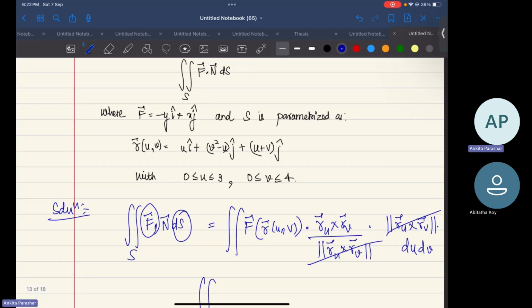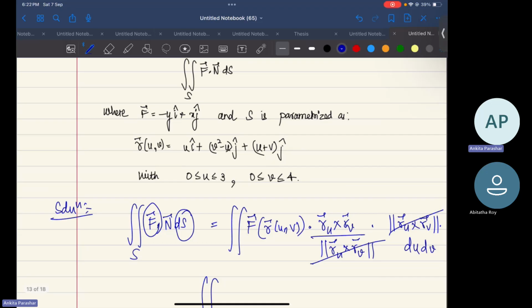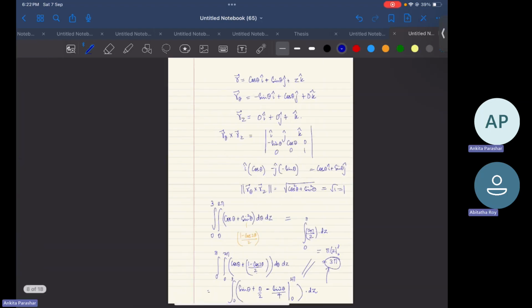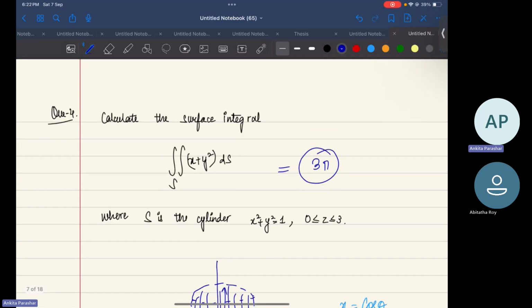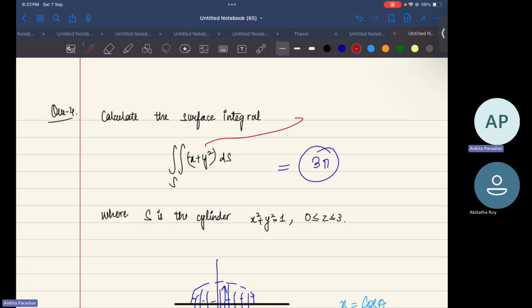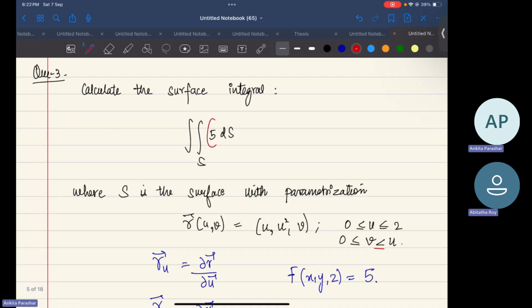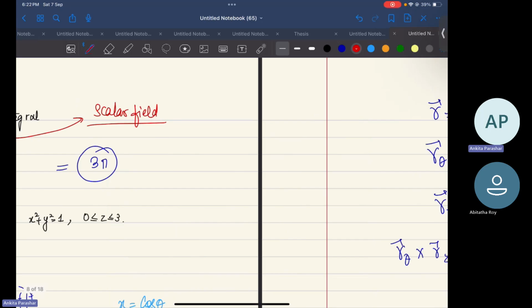You see one thing here. Earlier, let me just go back. All the time, if you see, your function values were a scalar field. Let's go to another question. You observe this, right?